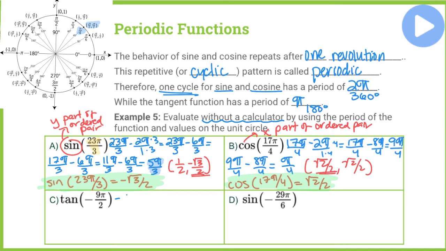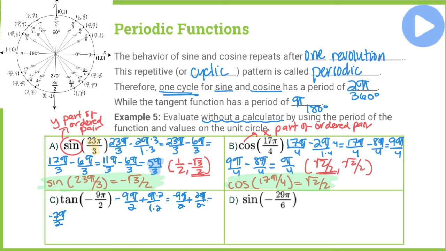So we start off with negative 9 pi over 2, and we need to add pi to get this to a number that's inside the unit circle. We have to find a common denominator before we can add, which would be 2. So negative 9 pi over 2 plus 2 pi over 2 would give us negative 7 pi over 2.